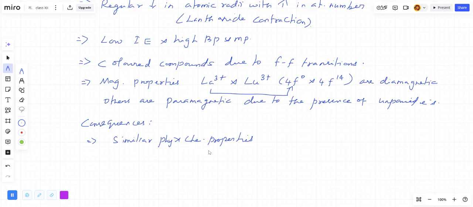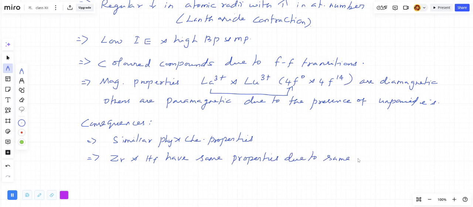Similarly, zirconium and hafnium have the same properties, due to the same atomic radii.